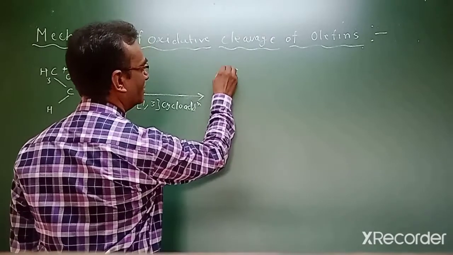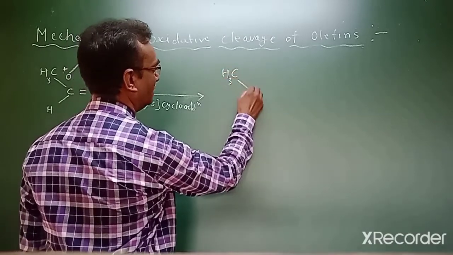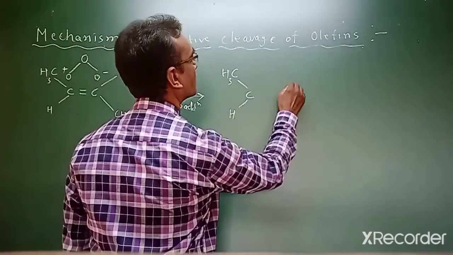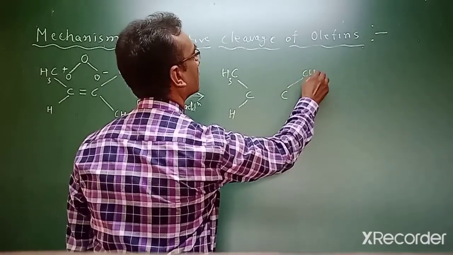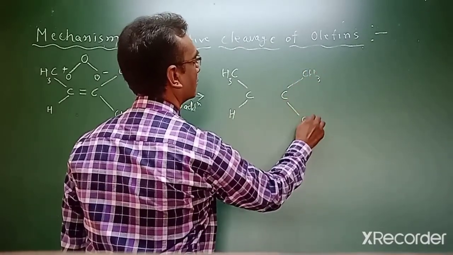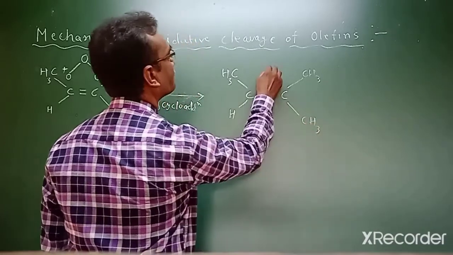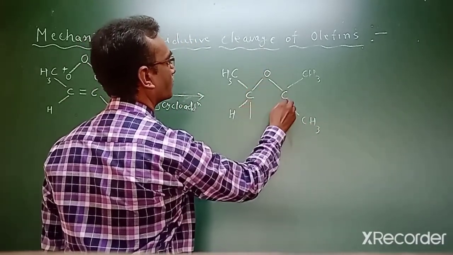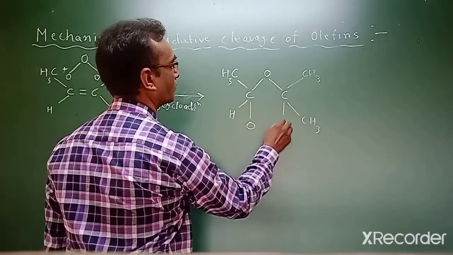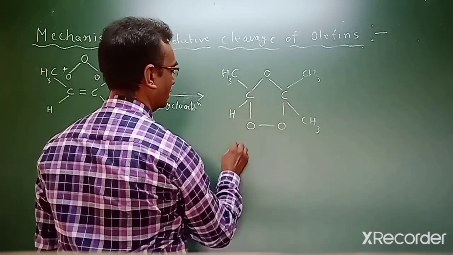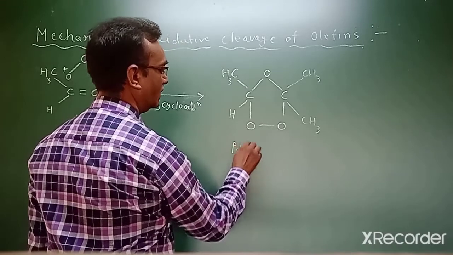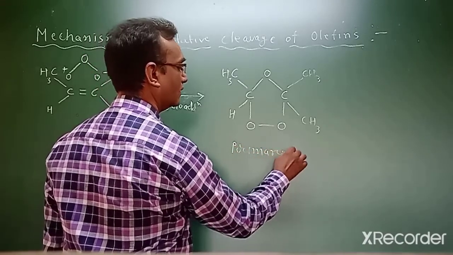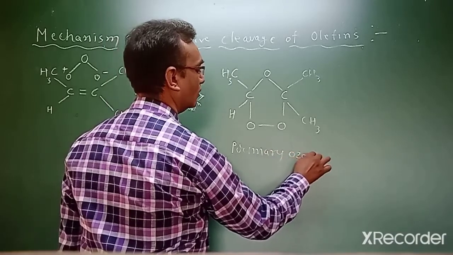Let us see how primary ozonide is formed by 1,3 cycloaddition. This is primary ozonide.